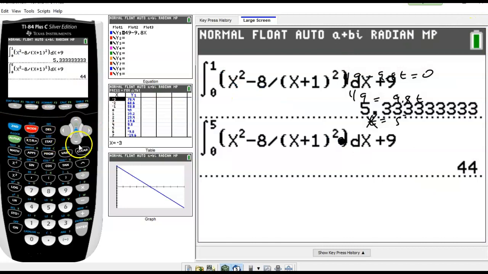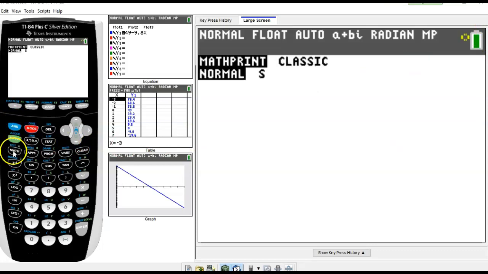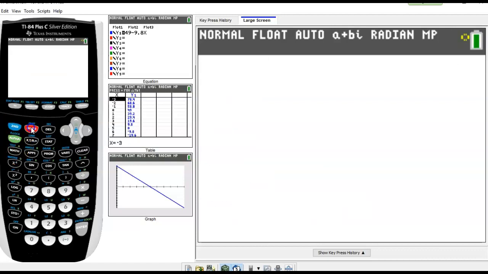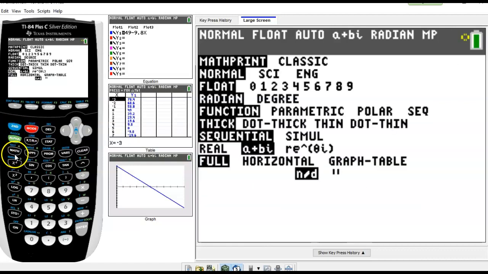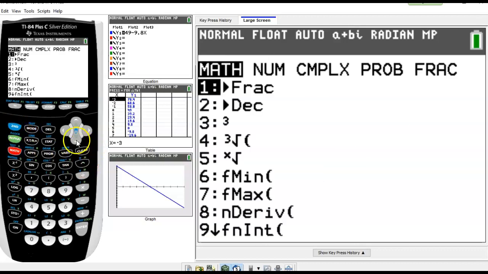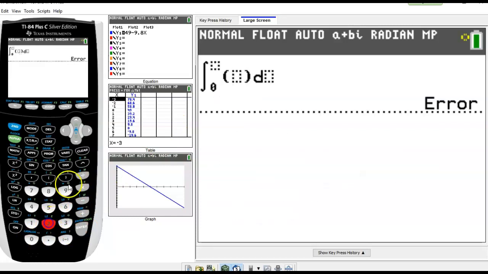All right. I got you here. Give me 1 second. Oh, 5.3. I got you. Here we go. All right. So math. Go down to right here, option 9. Does yours look like this?